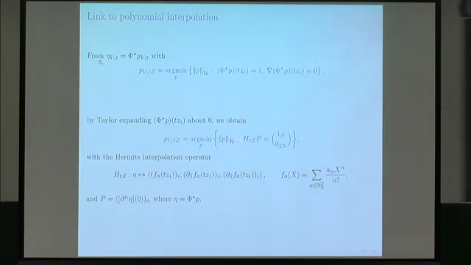So what you essentially want to do is look at the limit of your Hermite interpolation operator as t goes to 0. To work out what the space should be, let us look at Hermite interpolation in the multivariate setting.